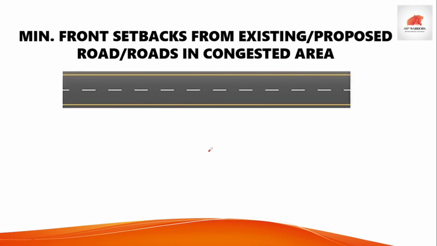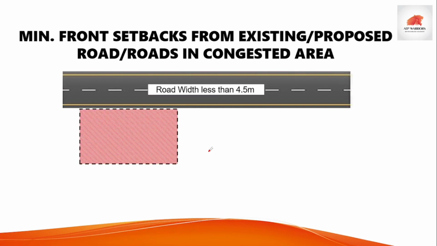So let's see. For road width less than 4.5 meter in a congested area, suppose this is your residential building and this is your built up area. You have to keep 2.25 meter distance from the center of the road.